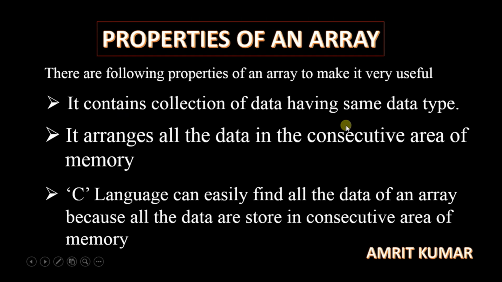It contains a collection of data having the same data type. It is a very important property. It arranges all the data in a consecutive area of memory, and C language can easily find all the data of an array because all the data are stored in a consecutive area of memory. And that's why it is very unique in C language.